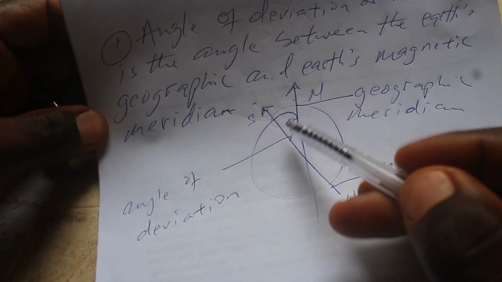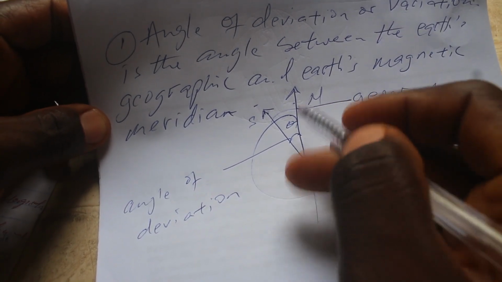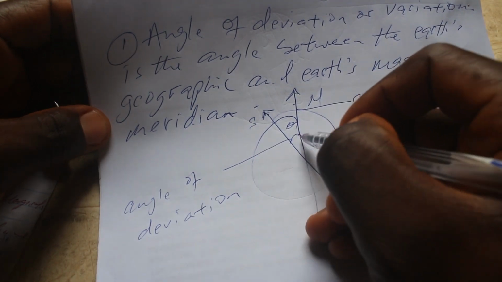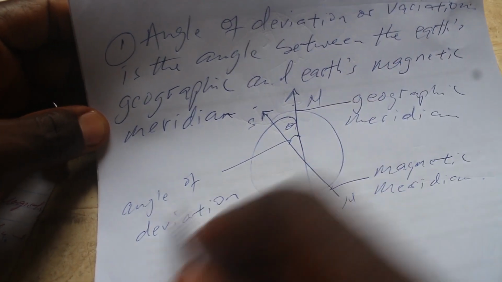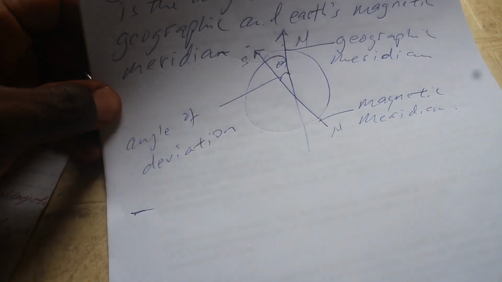So the magnetic meridian deviates a little bit away from the geographic meridian.